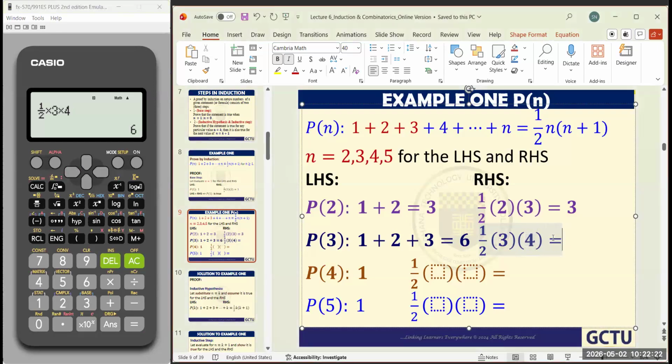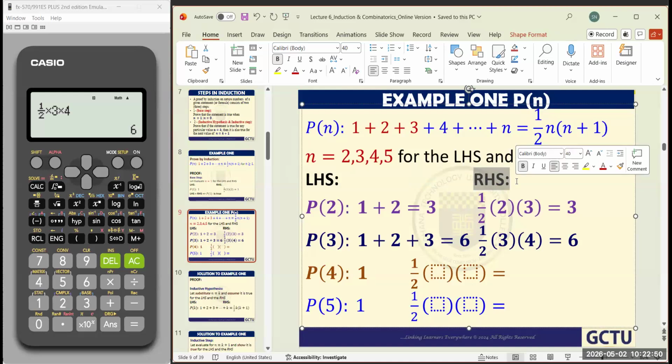So you see that whatever we substitute into the formula on the left, if they say find P of 4, it means we add 1, 2, 3 plus 4 on the left-hand side. On the right-hand side, we are going to substitute n is equal to 4. So it doesn't matter whether you do P of 1, P of 2, P of 3. We can continue on and on. You see that whatever we get for the left-hand side will be the same as when you substitute n is equal to that value on the right.